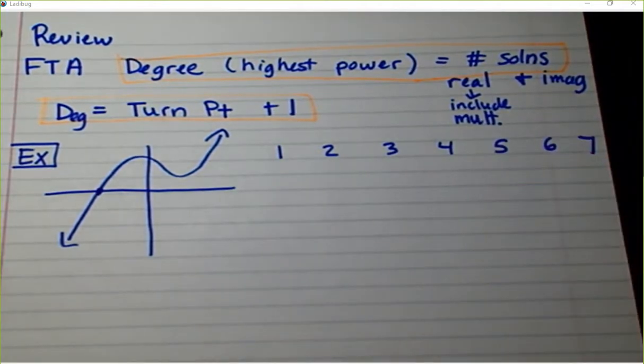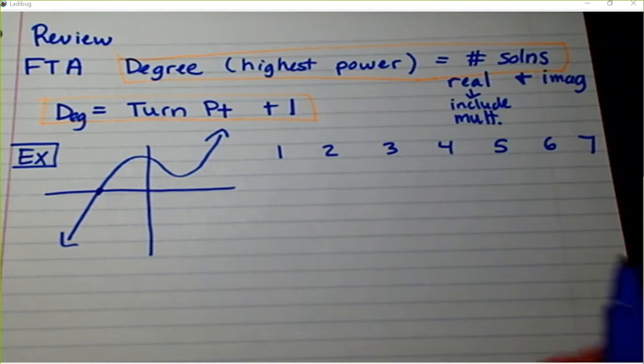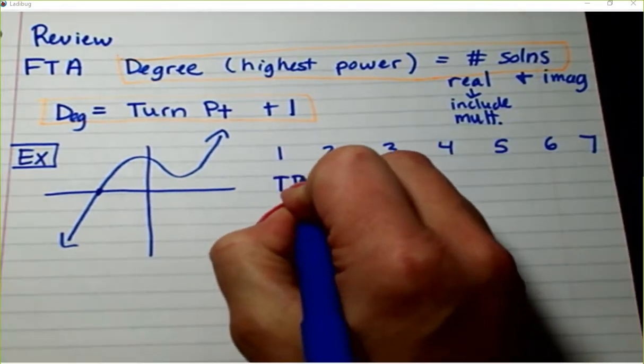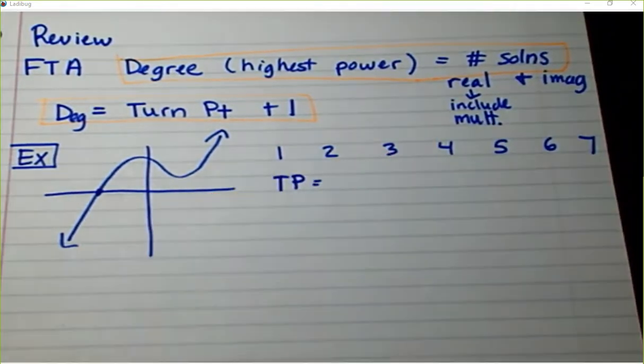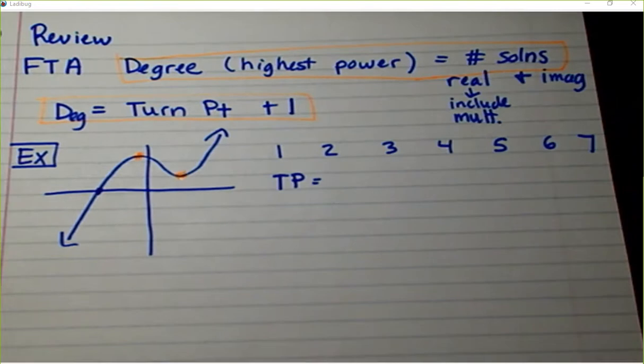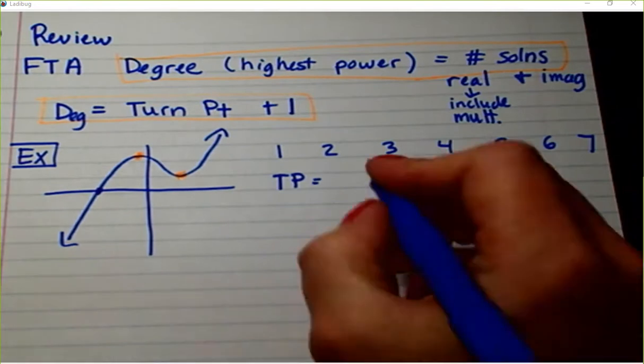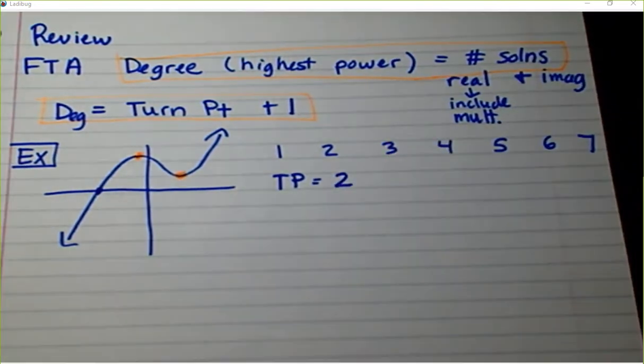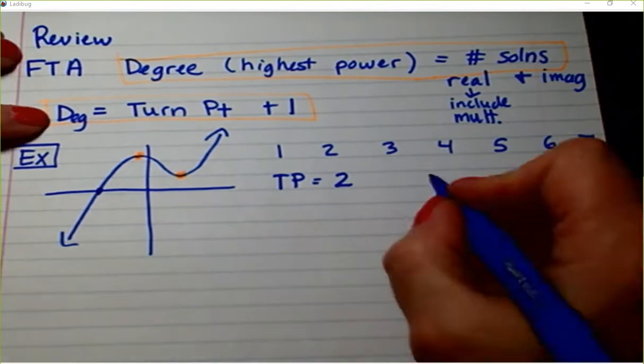All right, and I'm just going to write the numbers 1 through 7. All right, so how many turning points do I see? I see 2 turning points.